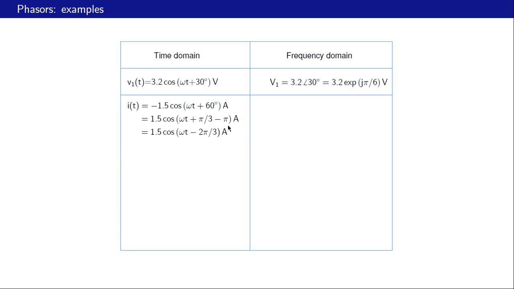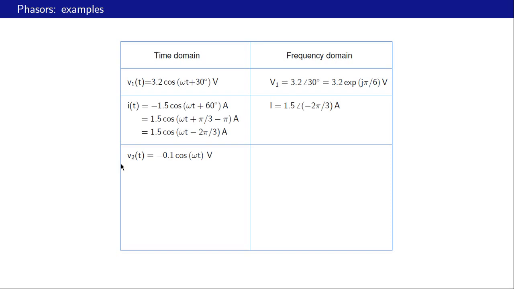This minus pi accounts for this minus sign here, and that follows from trigonometric identities. Now we can combine these two terms and get omega t minus 2 pi by 3, and now we can write the corresponding phasor like that: magnitude 1.5 and angle minus 2 pi by 3.